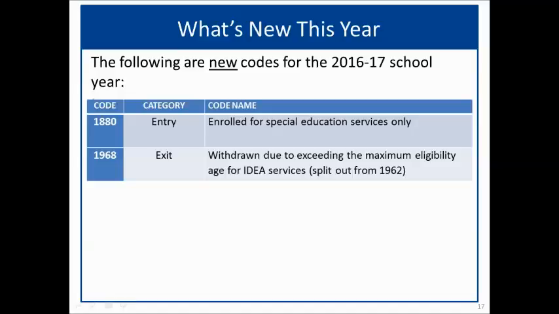The max age for compulsory attendance is still 18 years old here in the district, but students do have until the semester in which they turn 22 to continue receiving services, and so you can make that distinction when you're withdrawing students who are aged out of SPED services by using 1968. Like I mentioned, there are not too many new things for this school year, but we want you to make note of them because you need to use these for specificity in your exit or entry data, and they are available to you.